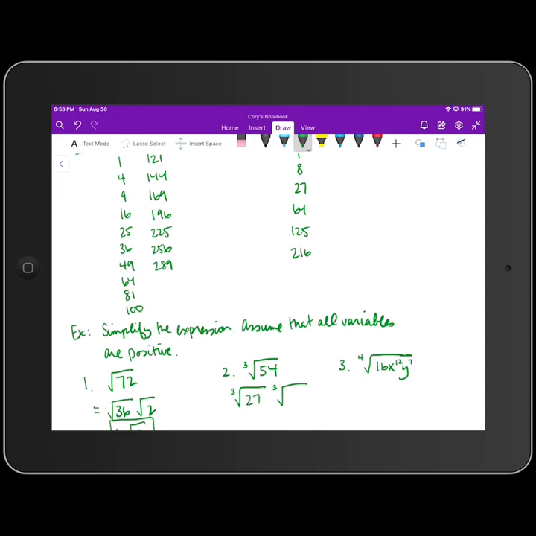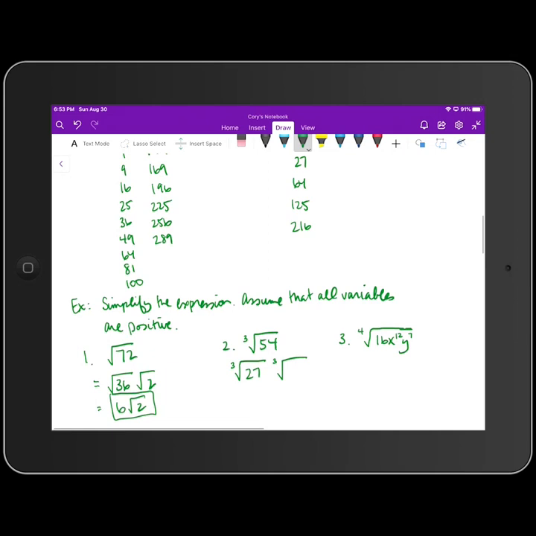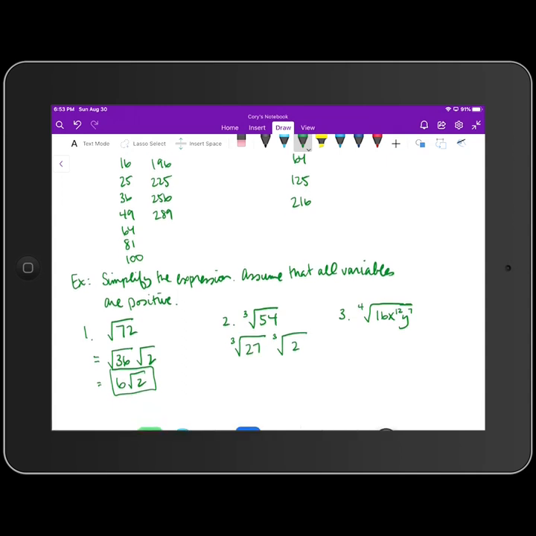So we're going to break that up into the cube root of 27, and then my leftover factor is going to be the cube root of 2. If I want to simplify this, 3 cubed is 27, so the cube root of 27 is 3. And then we're left with the cube root of 2.